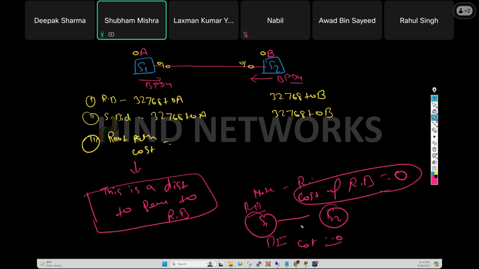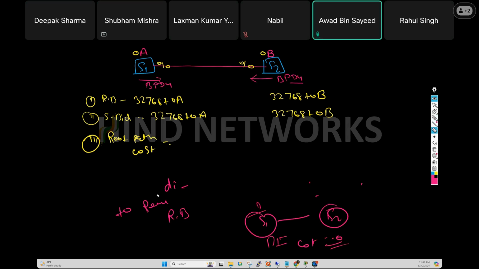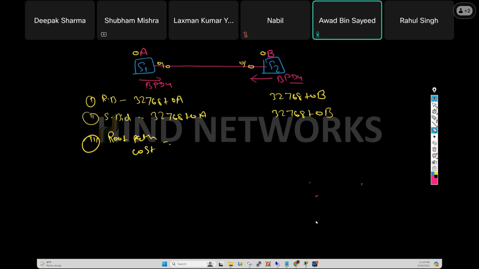Cost means to reach the root bridge, and switch 1 itself is the root bridge, so the cost will be zero. This is only for the first time.